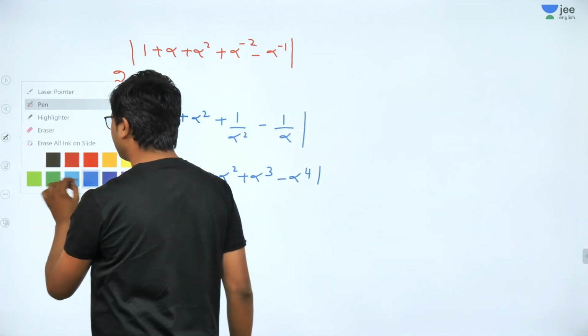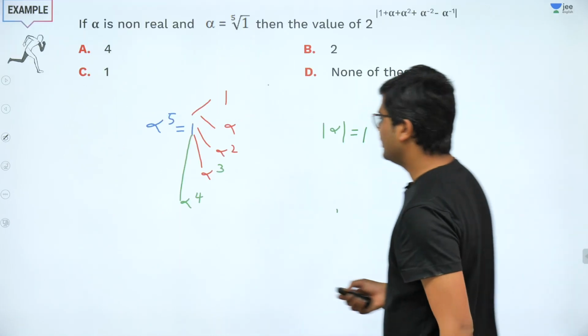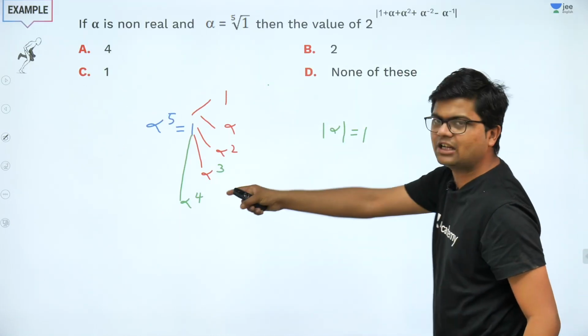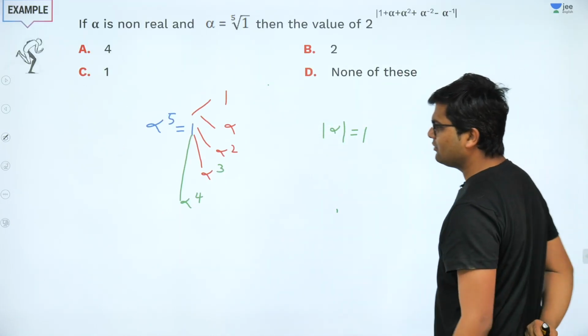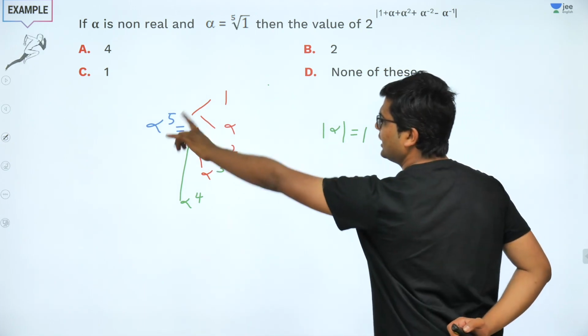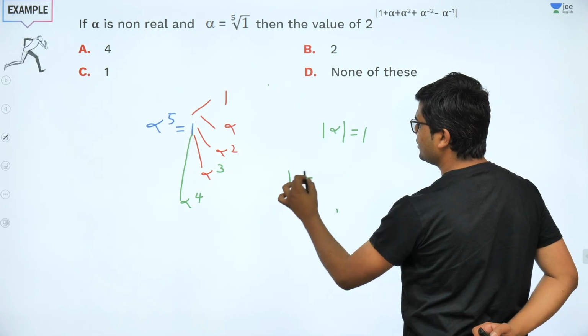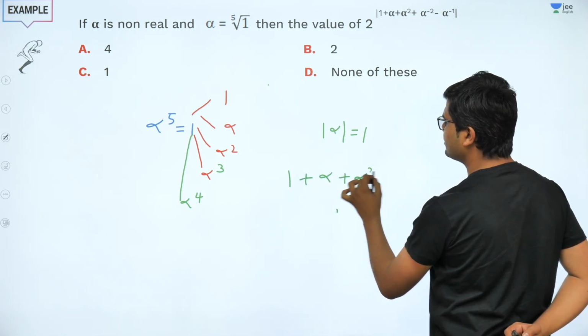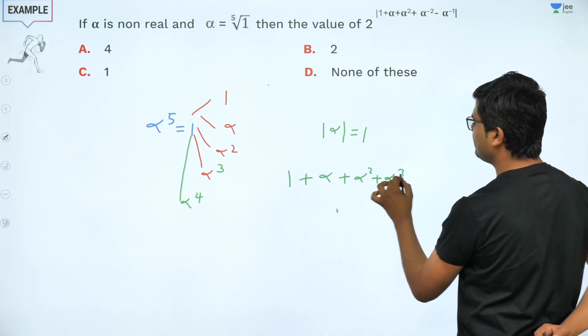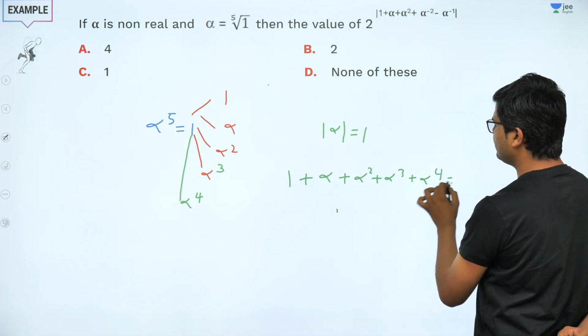Now this becomes just a question of theory of equations. Since this equation has roots 1, alpha, alpha square, alpha cube, and the coefficient of x to the power 4 is 0, basically the sum of roots will be 0. So 1 plus alpha plus alpha square plus alpha cube plus alpha power 4 will be 0.